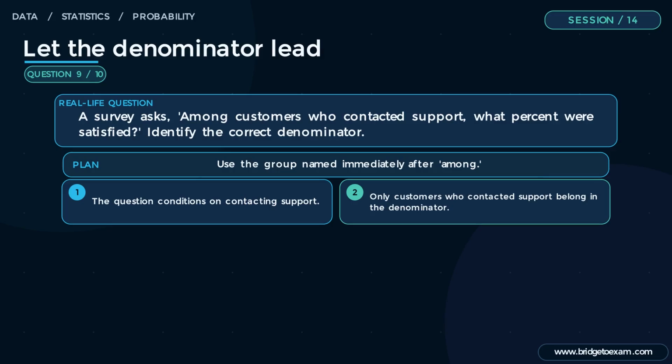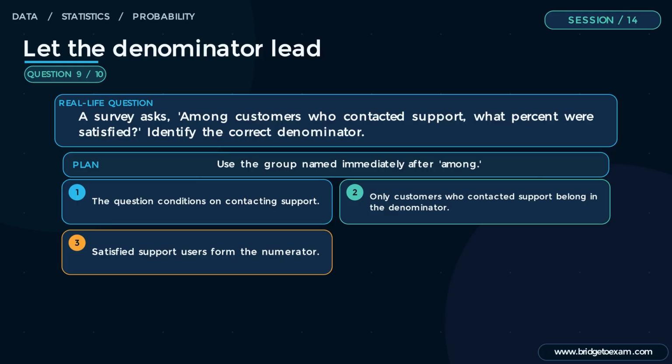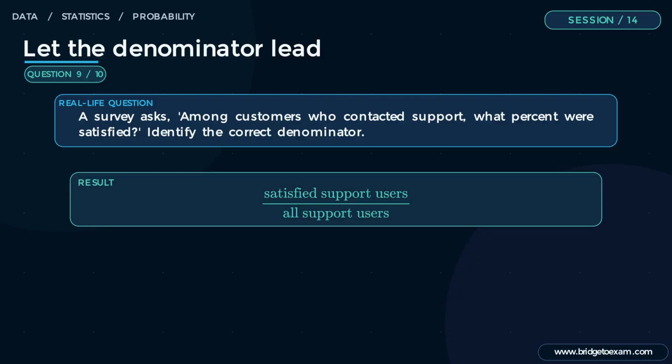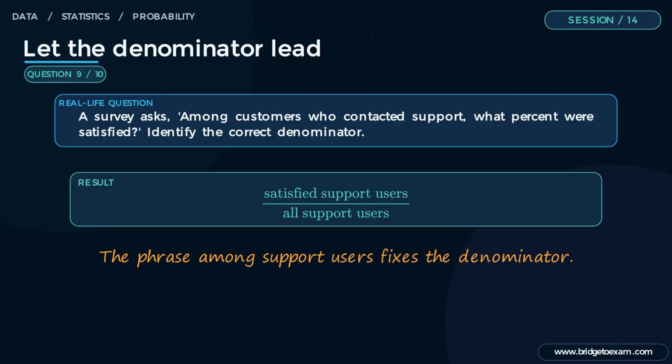Only customers who contacted support belong in the denominator. Step 3. Satisfied support users form the numerator. Step 4. The correct rate is satisfied support users divided by all support users. Quick check. Using all customers would answer a different joint frequency question. This matters in real life because precise denominators prevent service teams from misreporting satisfaction.